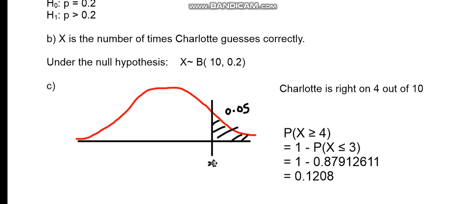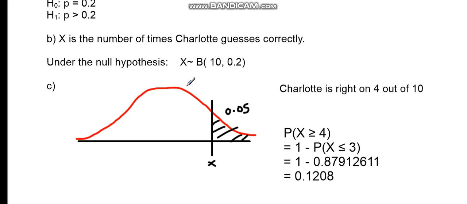Okay, so this area here is 0.05. So if I had another value up here, the probability of being greater than it would be smaller than 0.05, and the value would be greater than X. Okay, now greater than or equal to 4 is 0.12 or 12%. So if this area is 0.05, 12% or 0.12 is going to have a bigger area.